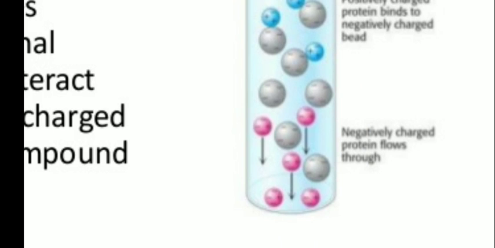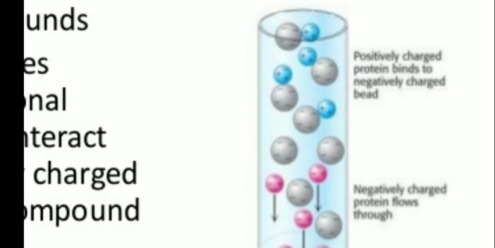Here the negatively charged proteins flow through. So we used negative beads to separate the positively charged protein, and the remaining contents of the mixture flowed away. So here we can easily separate those beads and we will get the pure form of protein by using ion exchange chromatography.